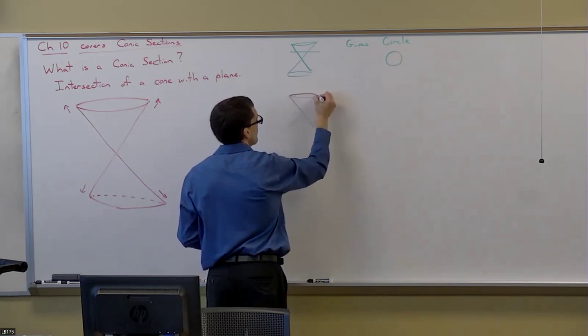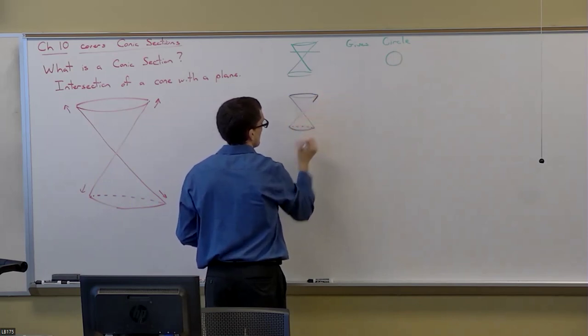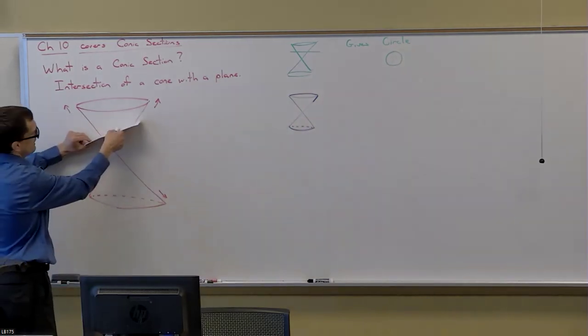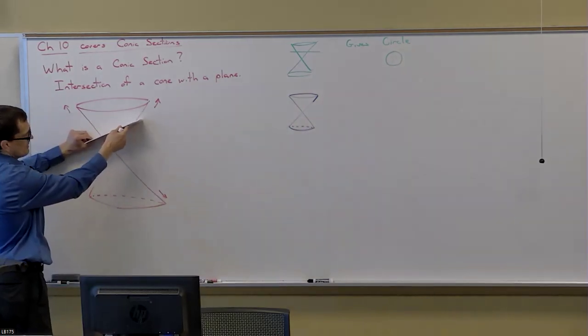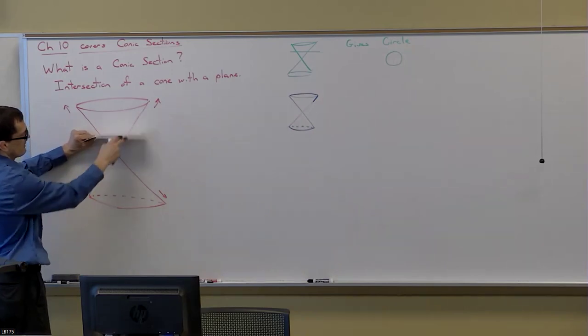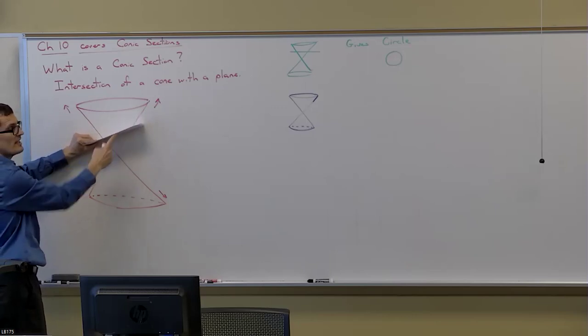If it wasn't perfectly horizontal, but it's a little skewed, then that circle would have been a little bit stretched out. And that's an ellipse.